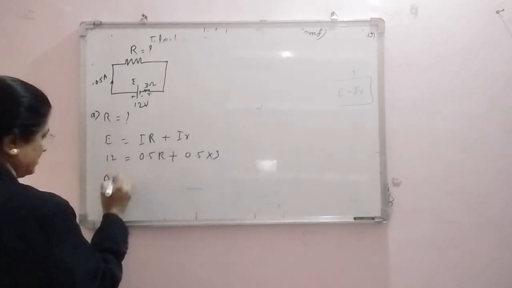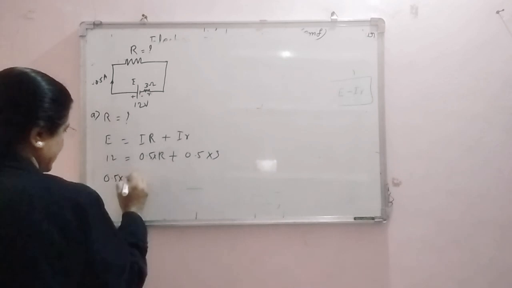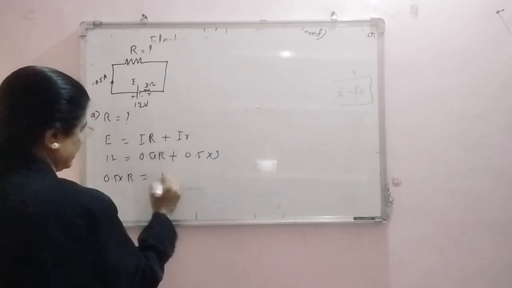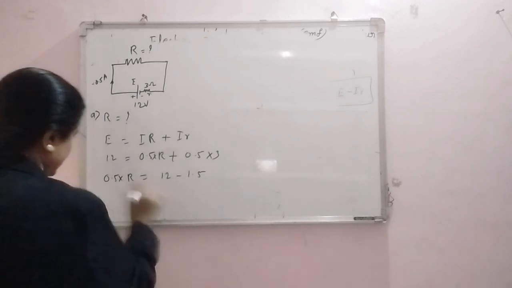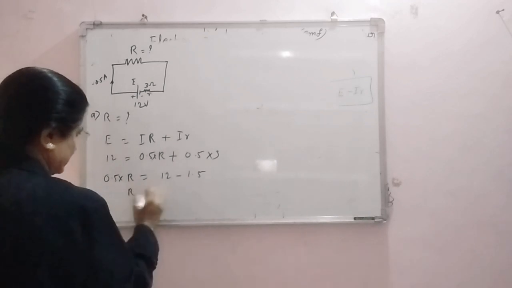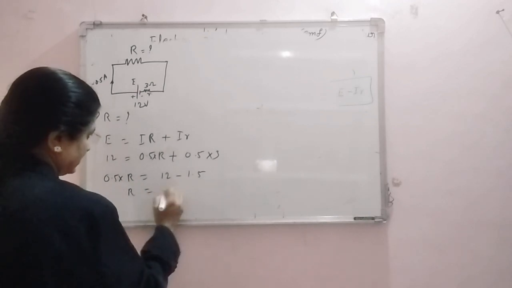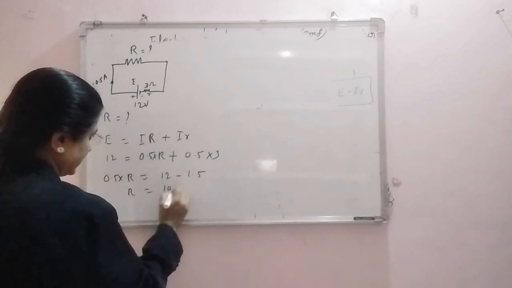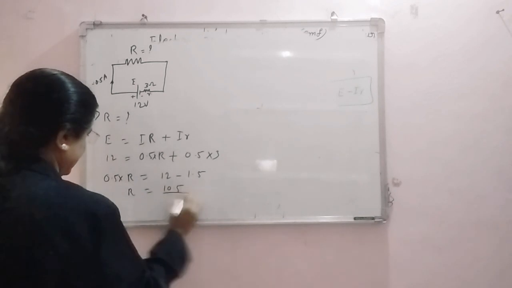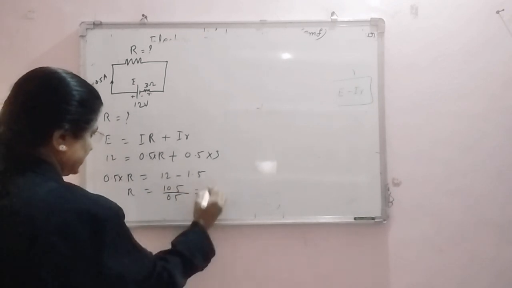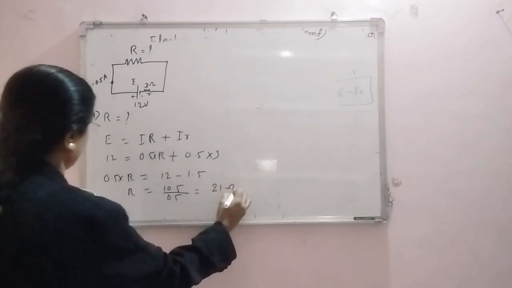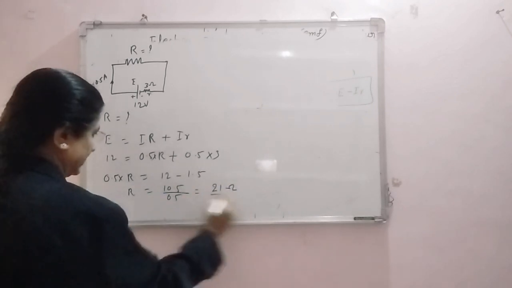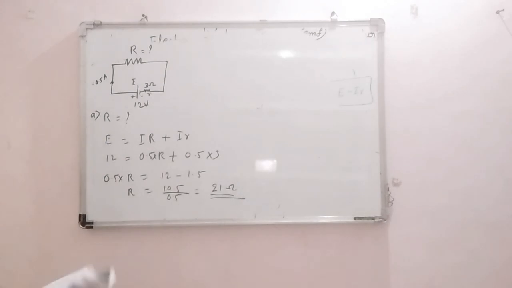That is, 0.5 into R is equal to 12 minus 1.5. So R is equal to 10.5 divided by 0.5, which is equal to 21 ohm. R is equal to 21 ohm. This is the first answer.